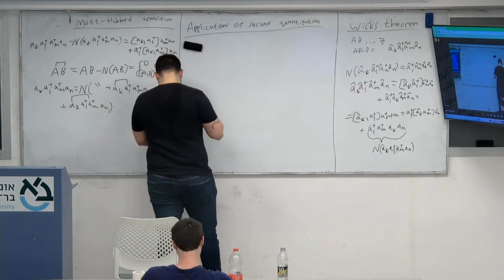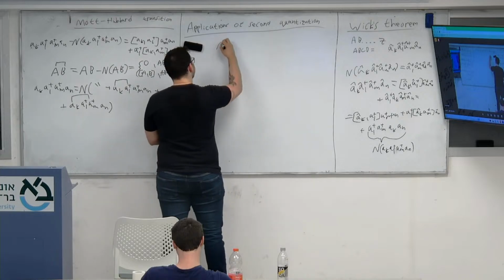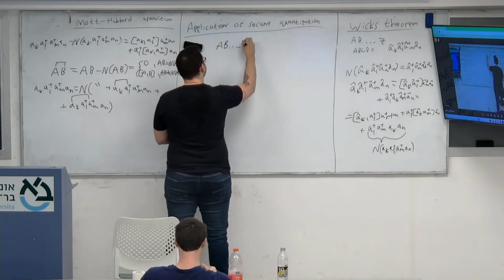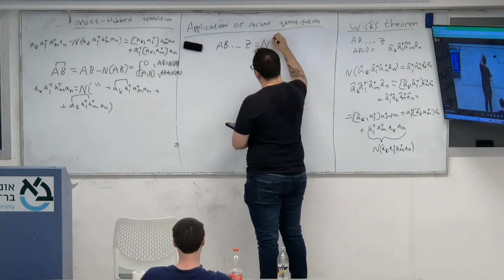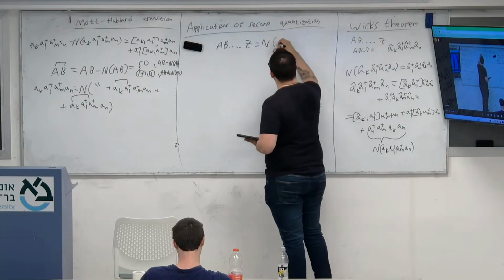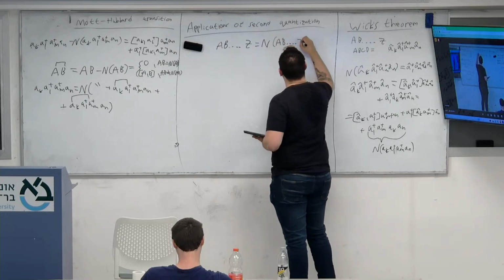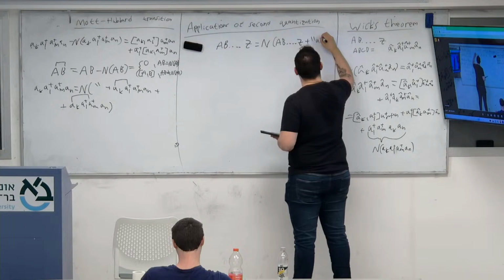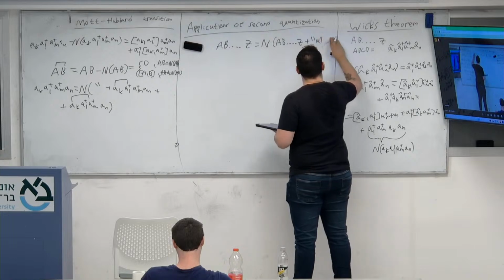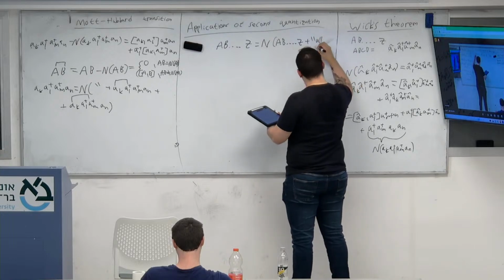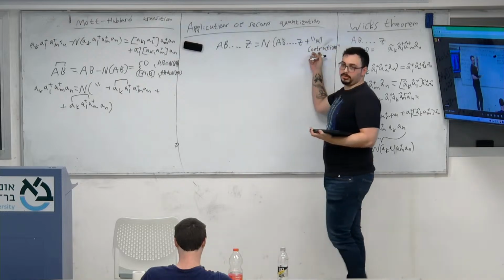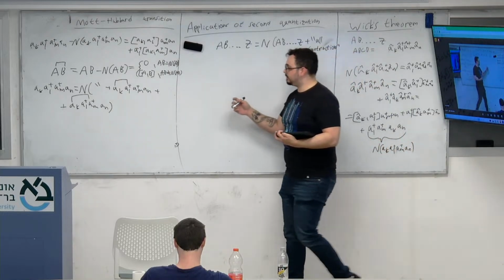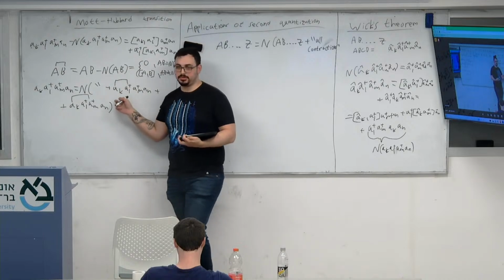So the theorem goes as follows: A, B, any set of operators A to Z, equals the normal order of A, B, all the way to Z, plus all contractions. Now, all contractions means all the possible bridges that you can build.